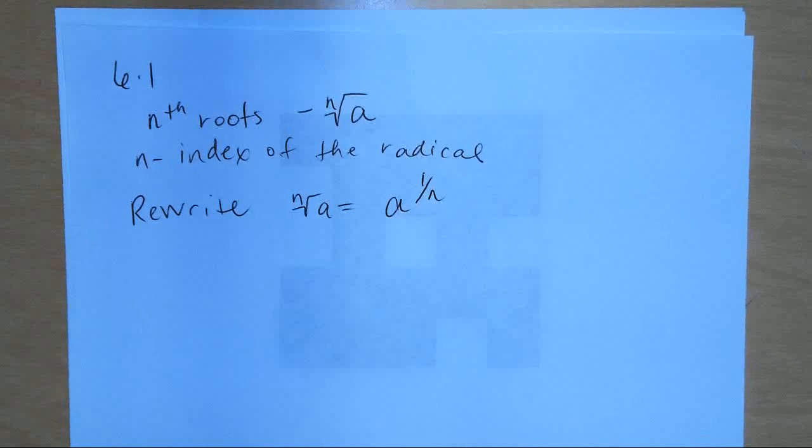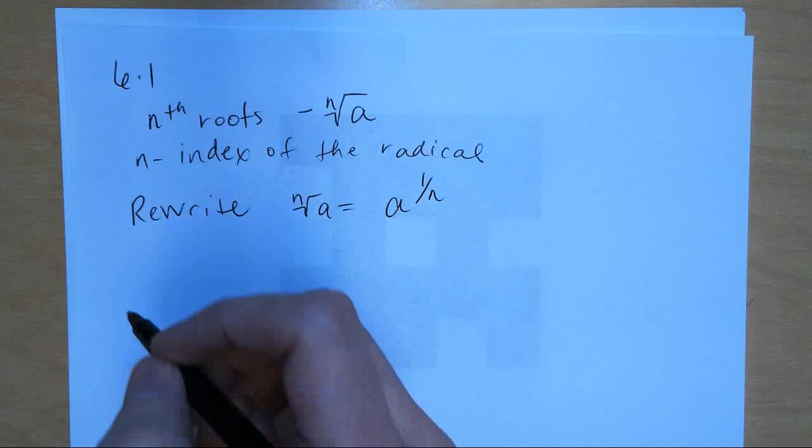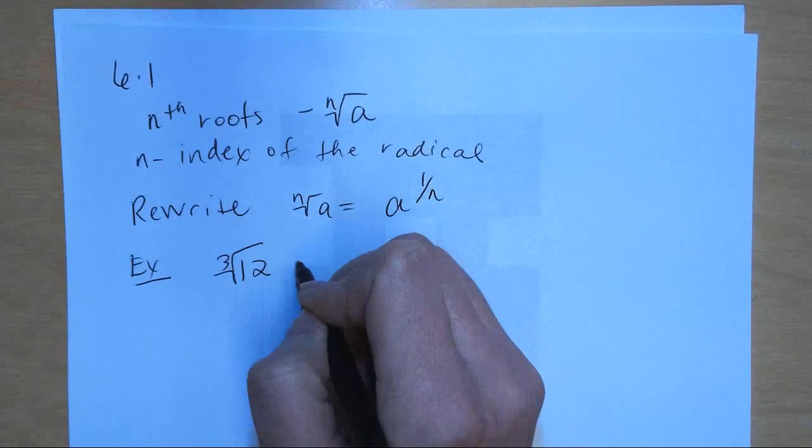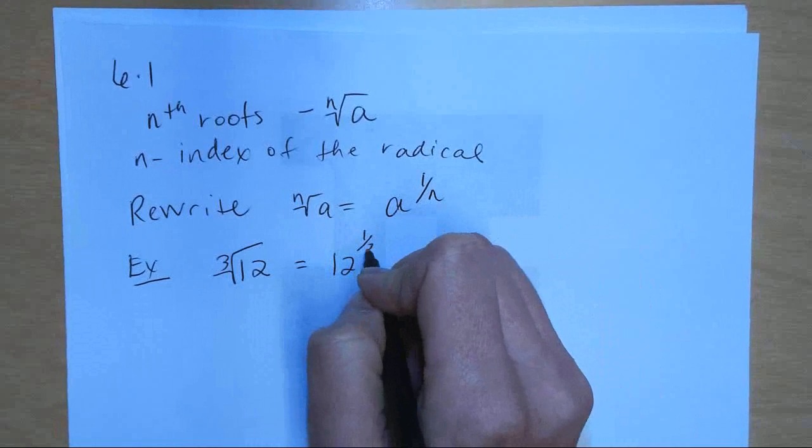So we do know properties of exponents. We do know a lot about exponents from chapter 5. So that might be a good reason why we want to write this as an exponent rather than as a radical. For example, if we wanted to rewrite the cubed root of 12, that would look like 12 to the 1/3.